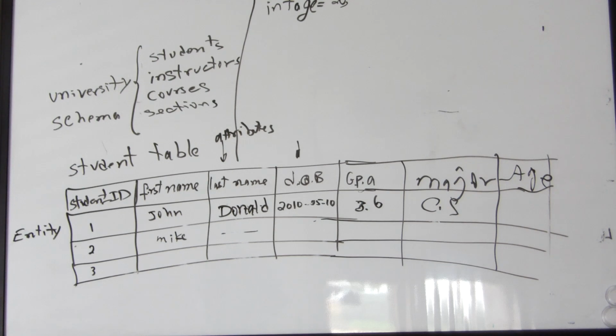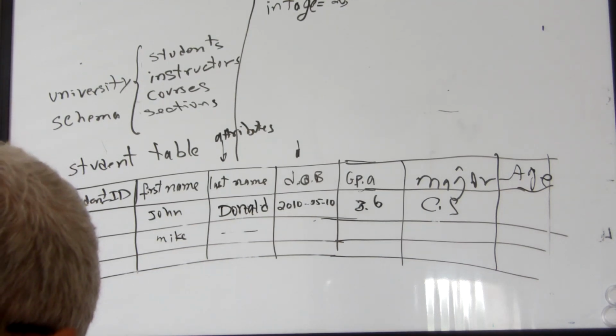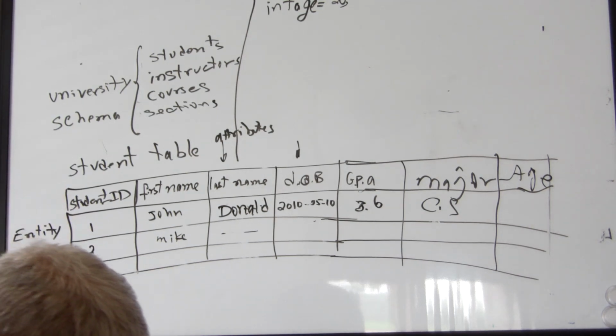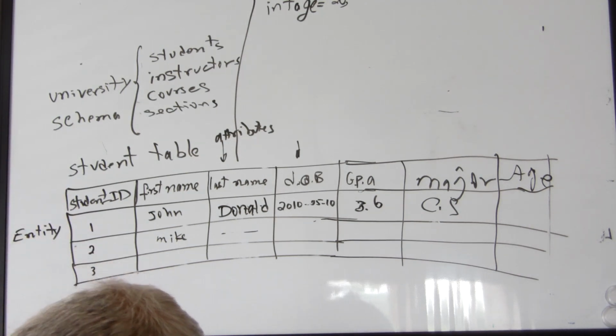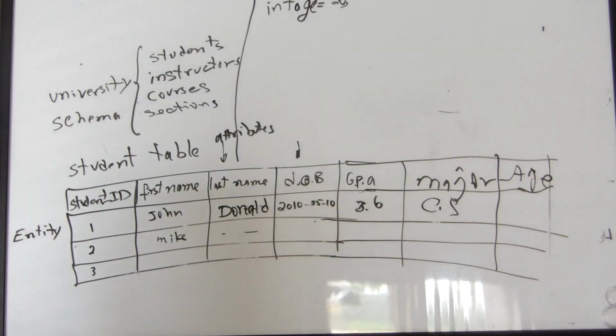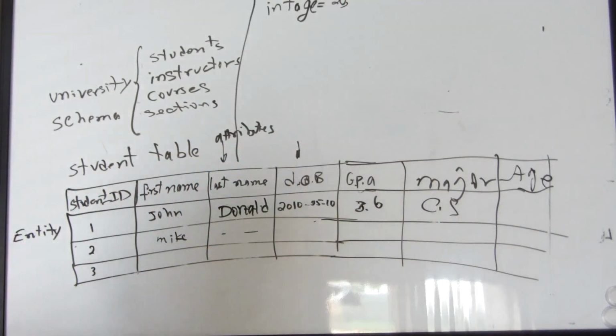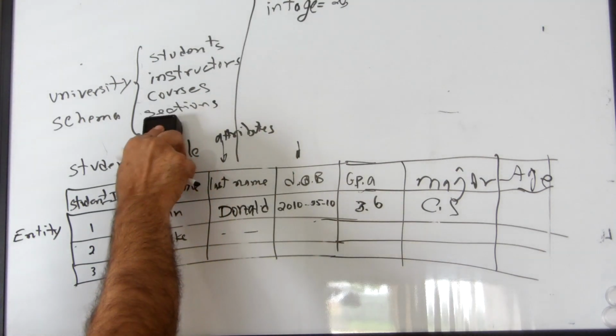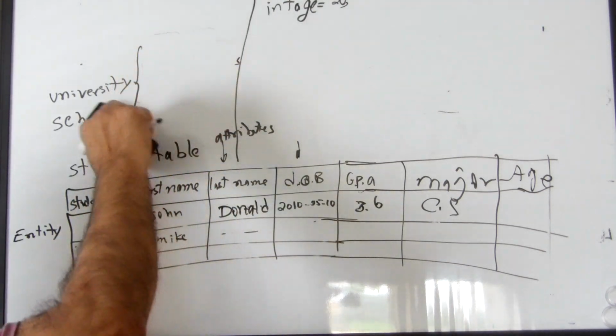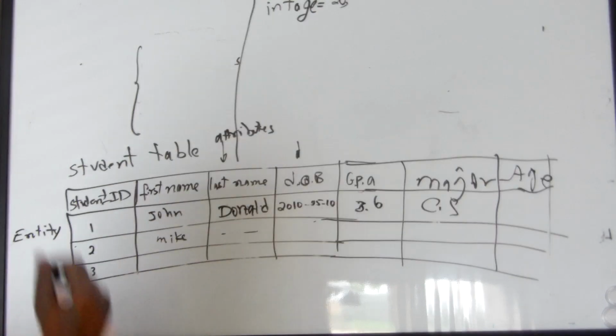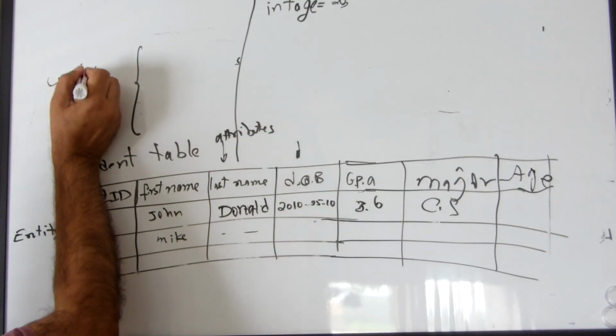every schema, university schema, might be company schema, has different things. Take a company schema: what kind of information do you think you might have? It's just one company in general.